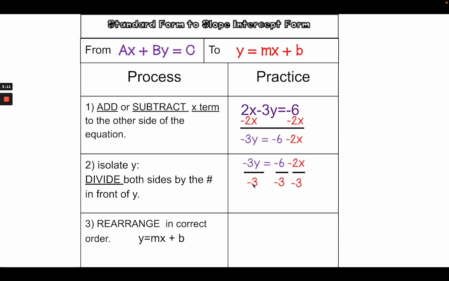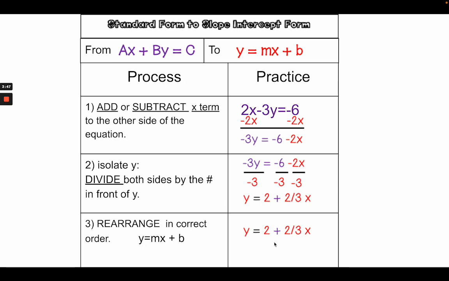Negative 3 and negative 3 cancel out to become 1, so I just have my y. And negative 6 divided by negative 3 is positive 2. And negative 2x divided by negative 3 is going to be a positive 2 over 3, because negative divided by negative is a positive, and our x stays on the outside of our fraction. So positive 2/3 x. So it is not in our slope-intercept form yet.